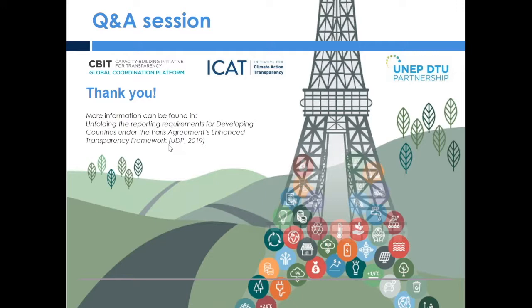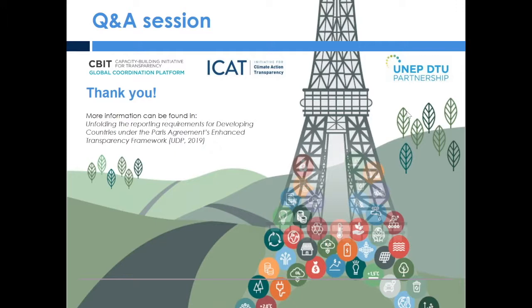So we need a request that comes from the country, explains what the needs are, and then we can start discussing with the country the feasibility of an ICAT project to support covering the needs that the country has. So the first step is really to approach us. Of course, we don't have unlimited funding, but we do still have additional available funds for additional countries to be supported.